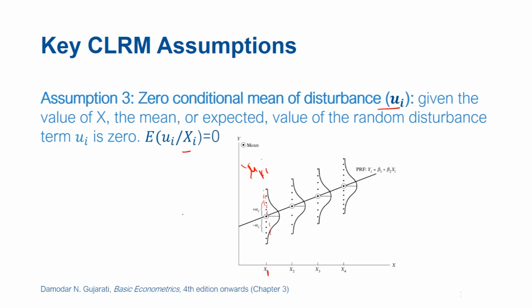If we take the mean of these mu i's, since it is for only x1, then the expected value of mu i given x1 equals 0. Similarly, for x2, all the mu i's will be 0. So the conditional mean of all these error terms for a given xi should be equal to 0.